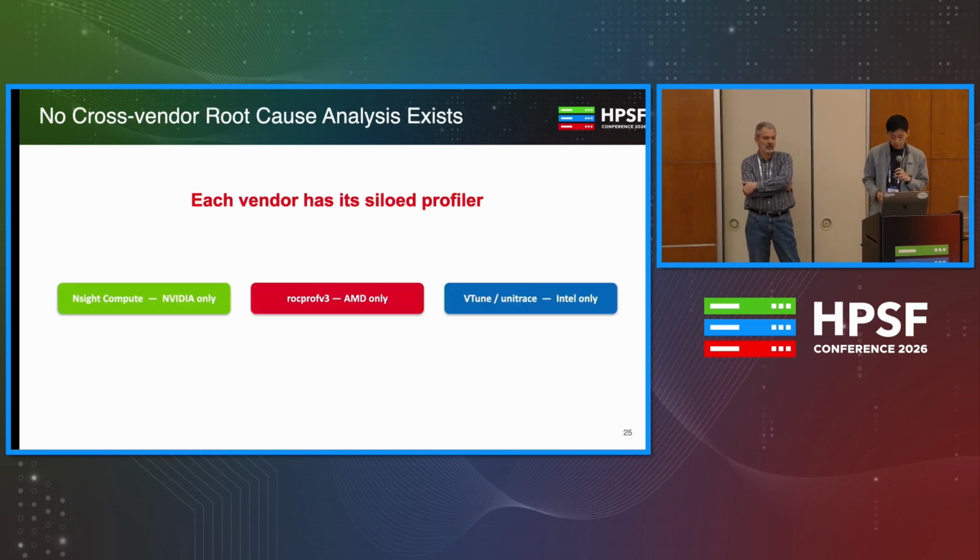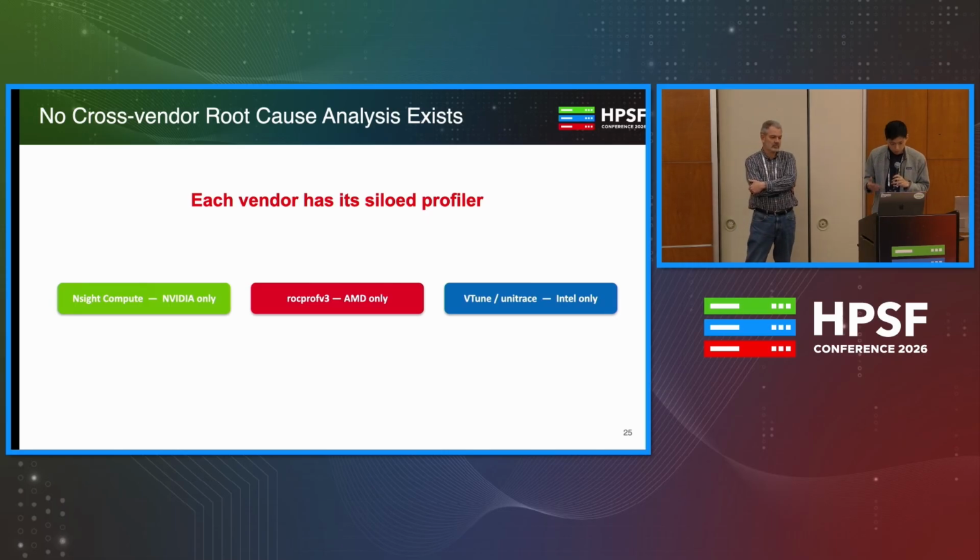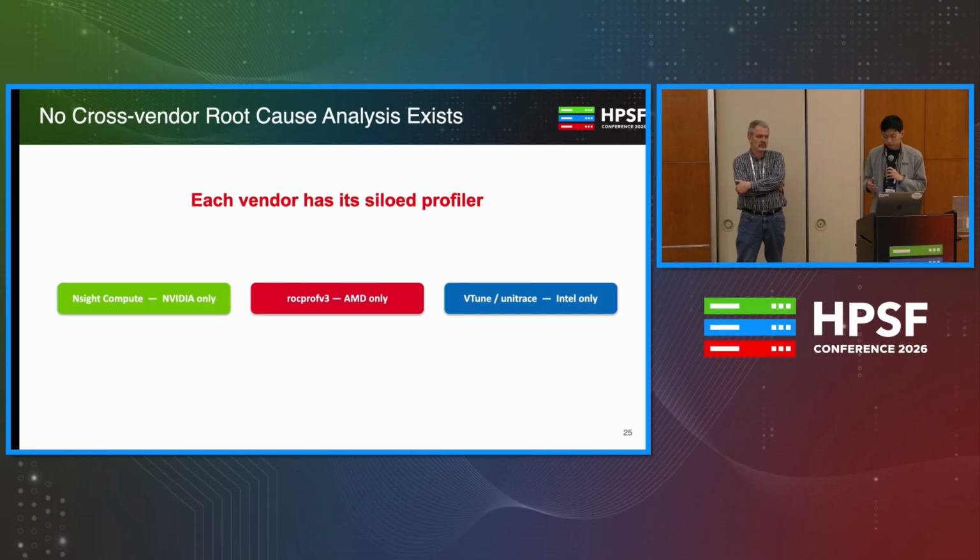Another motivation is that currently there's no profiler to support root cause analysis across architectures, because NVIDIA has NCU, AMD has ROCProfiler v3, and Intel has its own profiler v2 or unitrace.